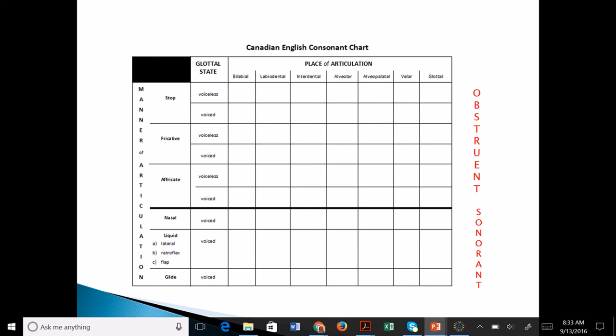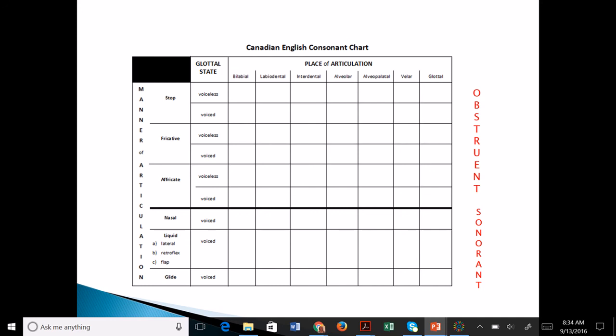So here's the chart again, and what you need to do is grab a pen and actually write that distinction on the right hand side there. You see how obstruents are written down the side at the top and sonorants at the bottom. And make note of, just to keep you on your toes, the ents are spelled differently, obstruent versus sonorant.